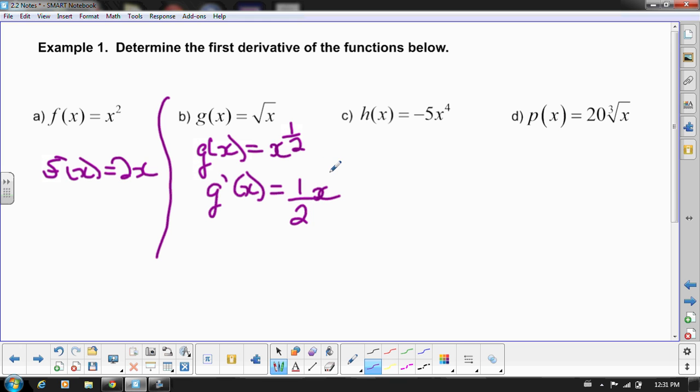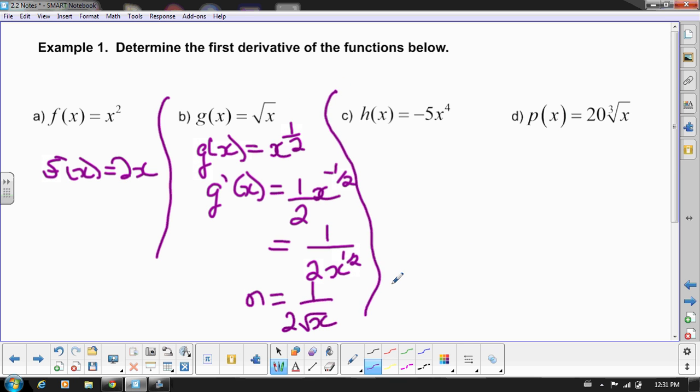If we subtract 1 from 1/2, we get negative 1/2. We don't like negative exponents, so this becomes 1 over 2x to the power of 1/2. You can leave it like this, or you can rewrite it as 1 over 2 square root of x. Either situation is the same.